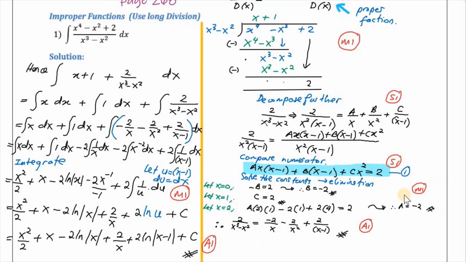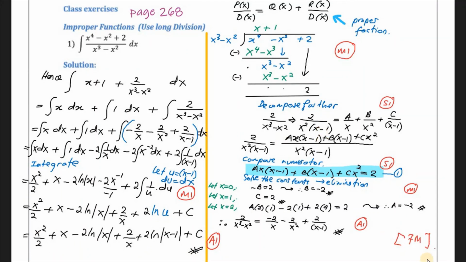It has to be that. Show the method on how you are solving your constants and the answer for this part. As for this part, you replace back into this portion, the one that we have as a fraction format. And then in order to solve this portion, you have to do the u substitution, show it, and then get the answer.